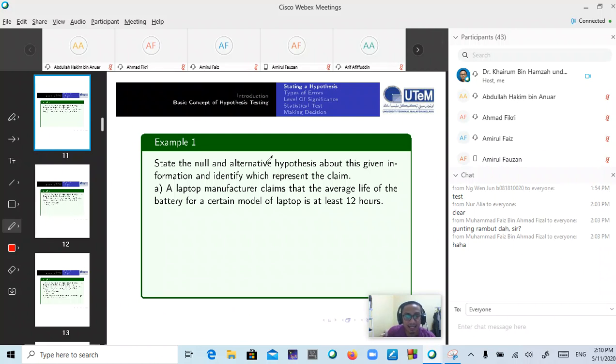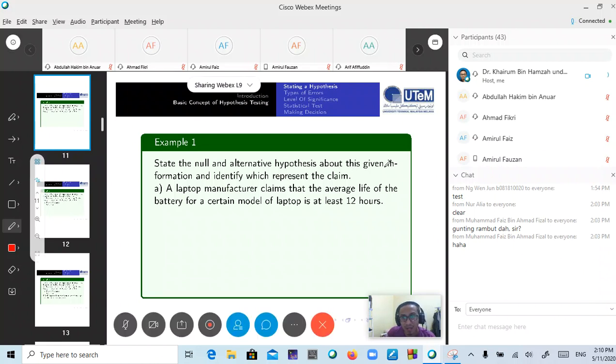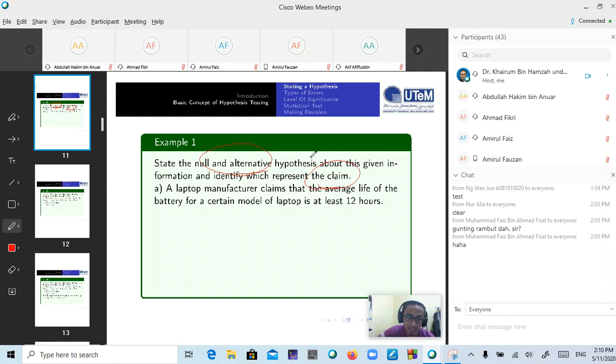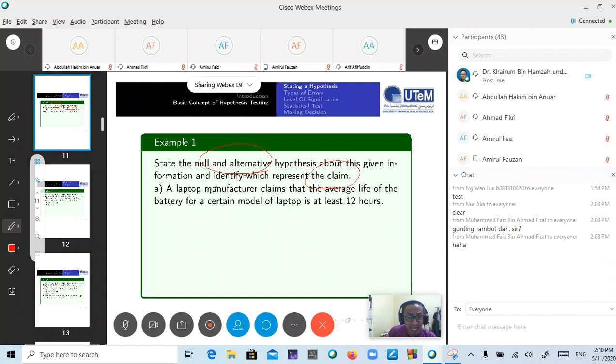Look at the example. State the null and alternative hypotheses about the given information and identify which represents the claim. So dia nak which represents the claim, and H0 and H1. Claim refers to what the question needs. Tengok soalan tu nak apa. For example, a laptop manufacturer claims that the average lifetime of the battery for a certain model laptop is at least 12 hours.